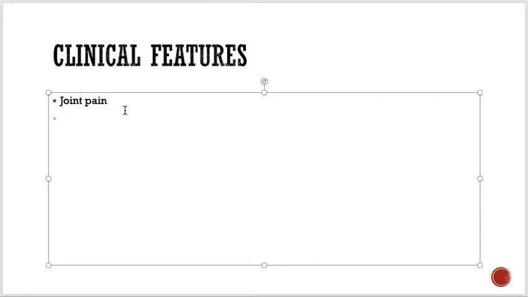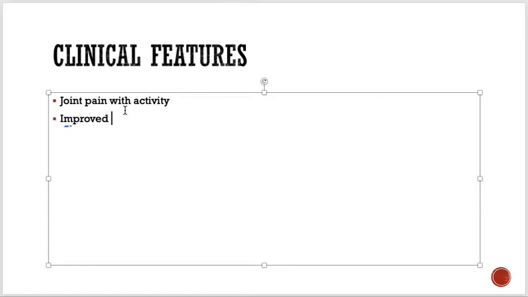So the most important thing is joint pain, and the characteristics of the joint pain, the aggravating and relieving factors, we will ask. Joint pain comes with activity, right? When they wake up in the morning and keep on moving, during the evening or afternoon their pain starts increasing.